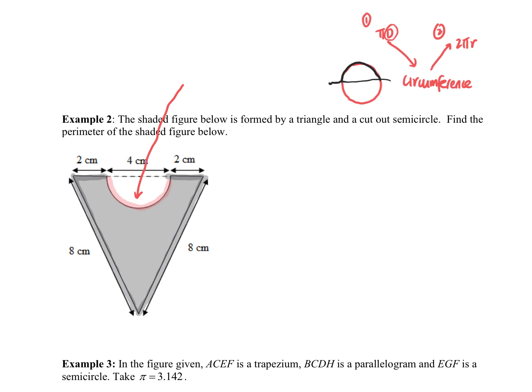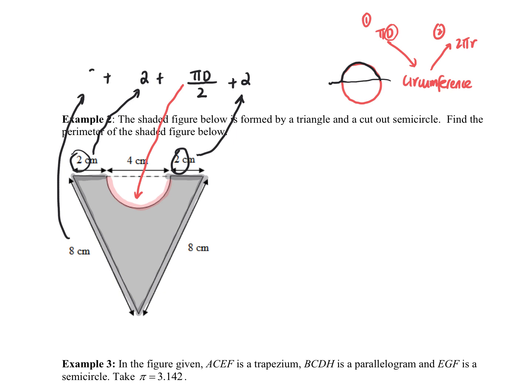So this is pi d divided by 2. And then we need to plus the 2. Add them up all around it. Plus the 8, and plus the 8 here. So this is the perimeter.